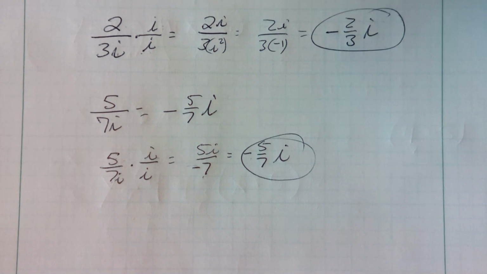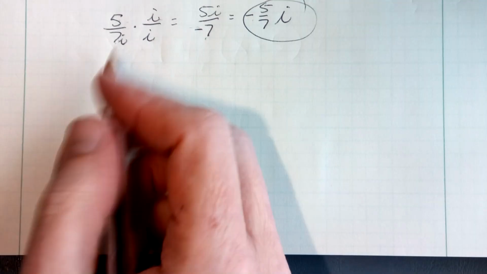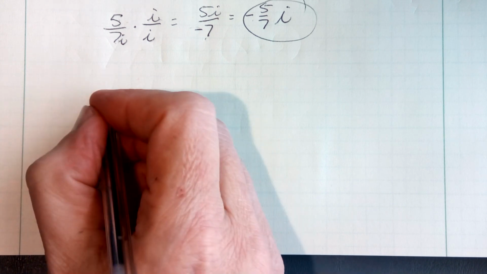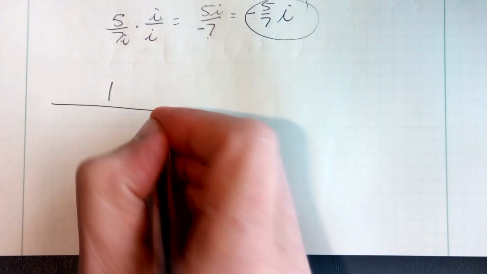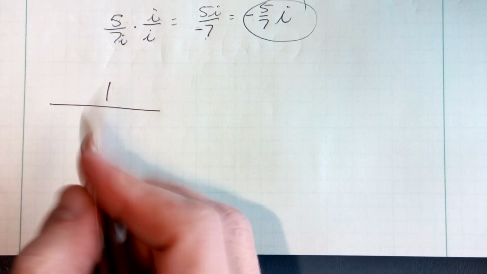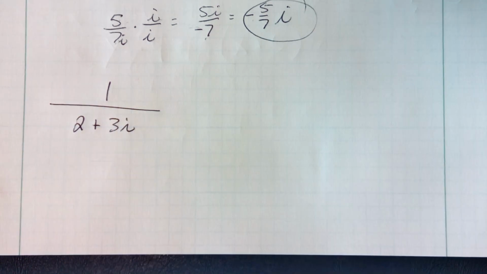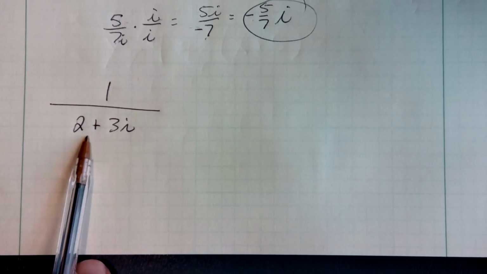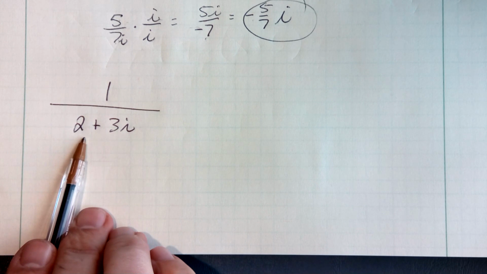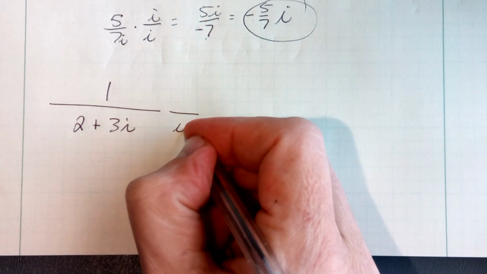Now, we're going to continue on in our exploration of this division of complex numbers, because what they might do is divide not by just a single term like 7i, they might divide by 2 plus 3i. Now it's going to be a little bit harder because we want to be able to eliminate the i, but I cannot just multiply top and bottom by i.